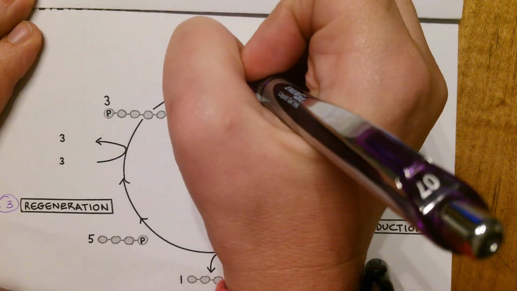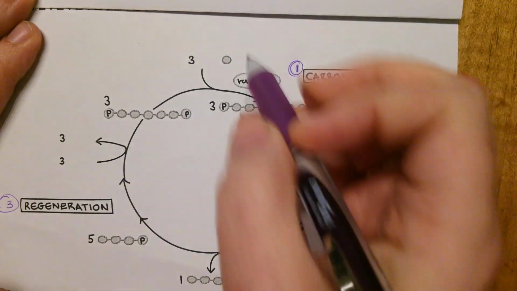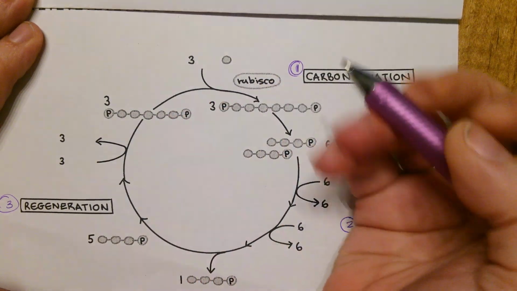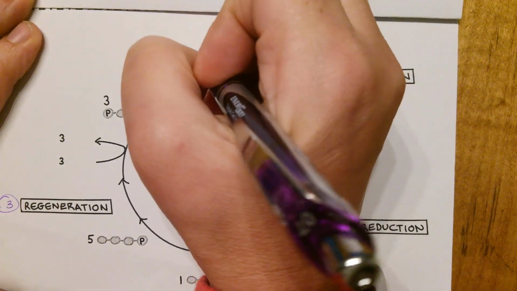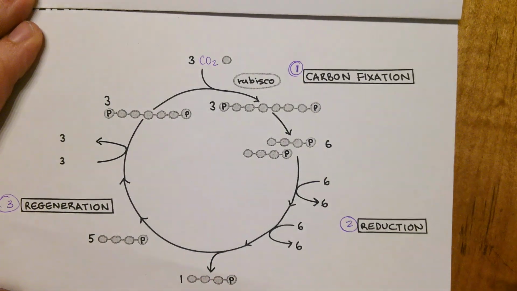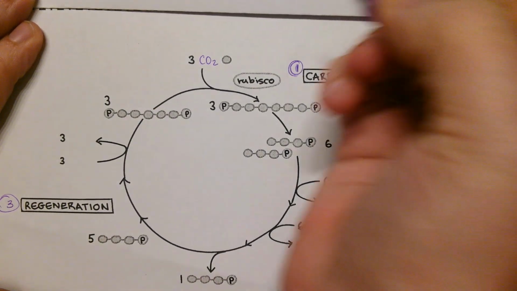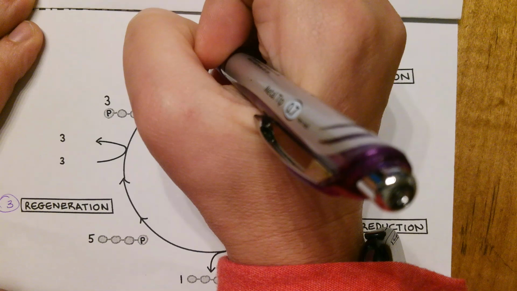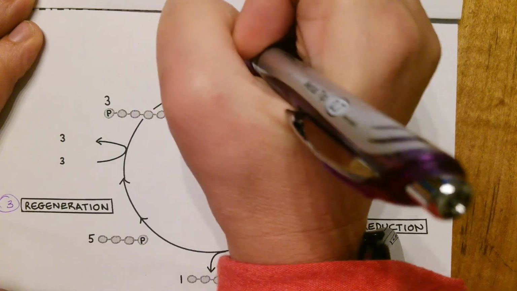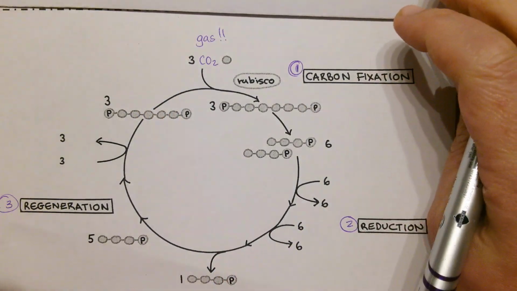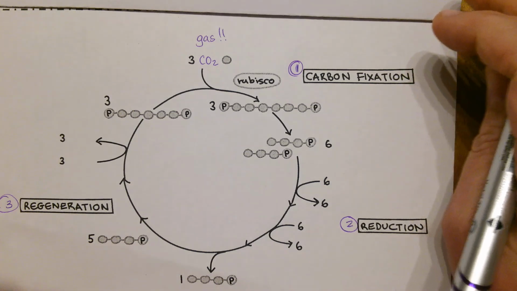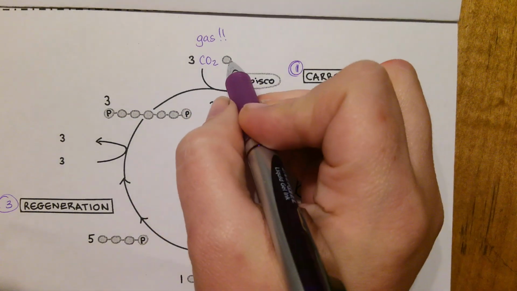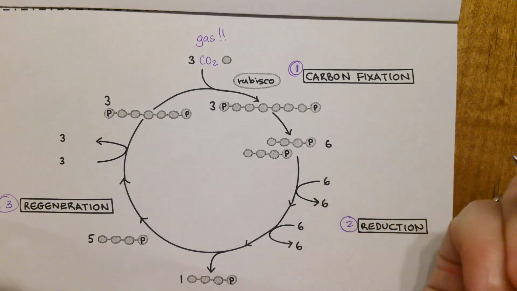So here, all of these dots or shaded circles are going to be our carbons. So this is 3 CO2 molecules, okay? Remember that this is a gas. This is really important that we remember that this is a gas, okay? So we're going to have 3 of these individual carbon molecules.